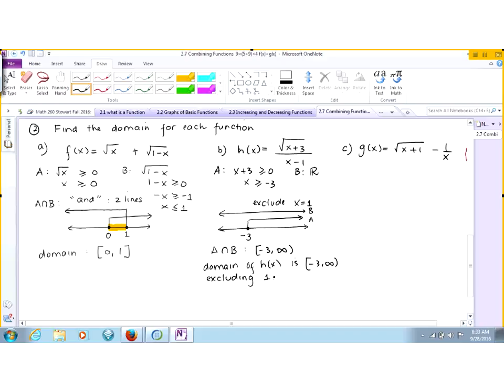So A intersection B is negative 3 to infinity, but then for the whole function itself, you have to exclude when the denominator equals 0. So how do I exclude 1 from here? Negative 3 to 1, union 1 to infinity. Yes, that's right.